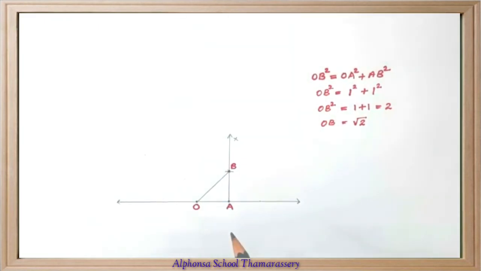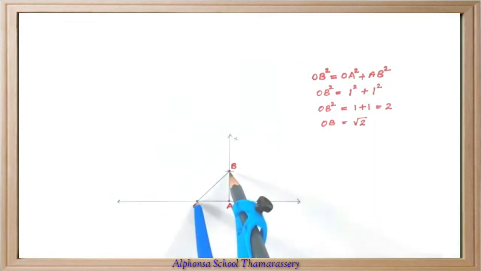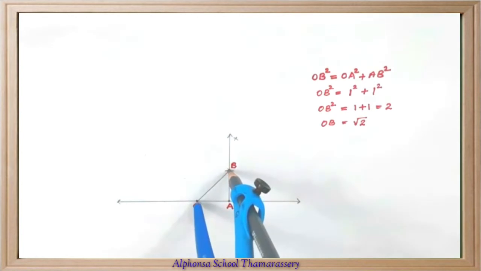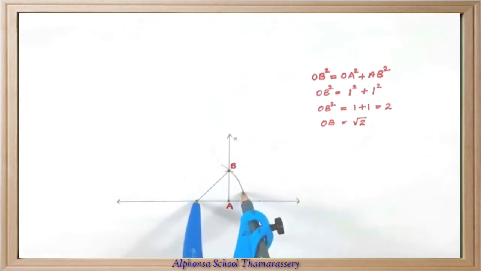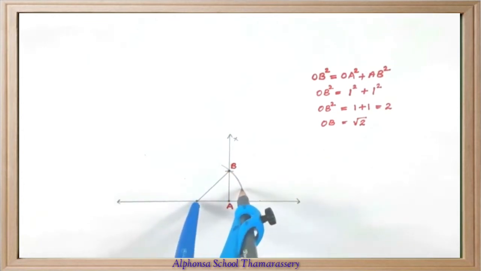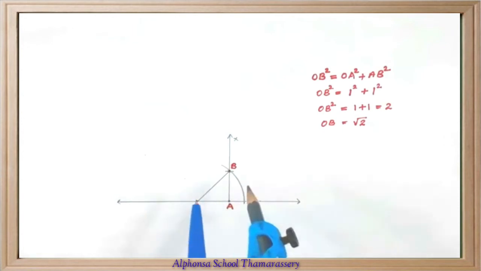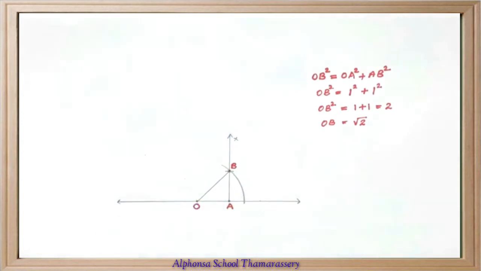Now, draw a circle with the center O and a radius OB. We find that the circle cuts the number line at A1.